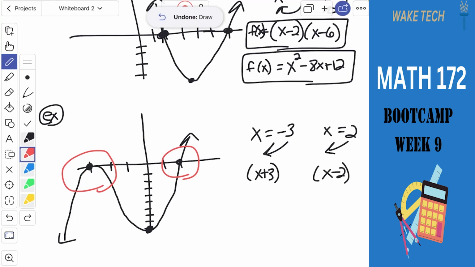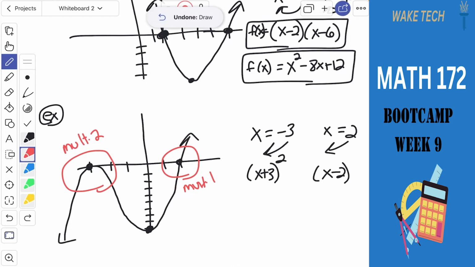What that indicates is its multiplicity. The multiplicity of that x-intercept is 2. What that meant way back in 171 was that we should put an exponent of 2 with that factor. The multiplicity for the x-intercept at 2 is 1, since the function passes straight through at that spot.